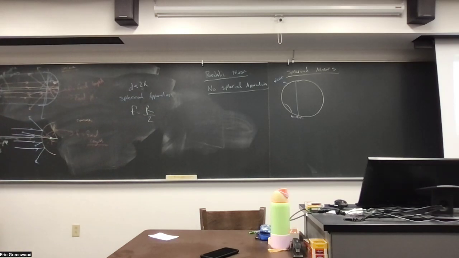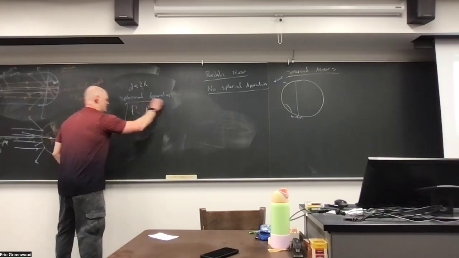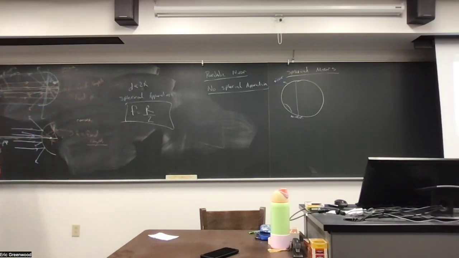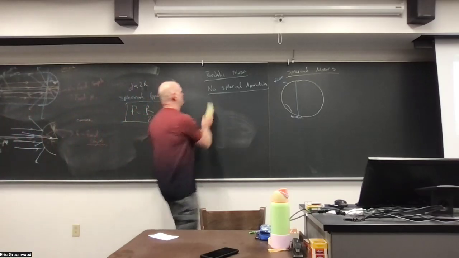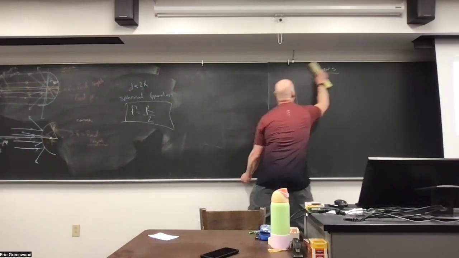This will always be true for a spherical mirror. So if you know the radius of curvature, you know the focal point. These are our two different types of spherical mirrors.